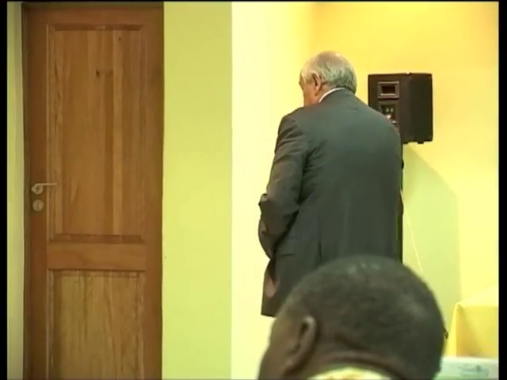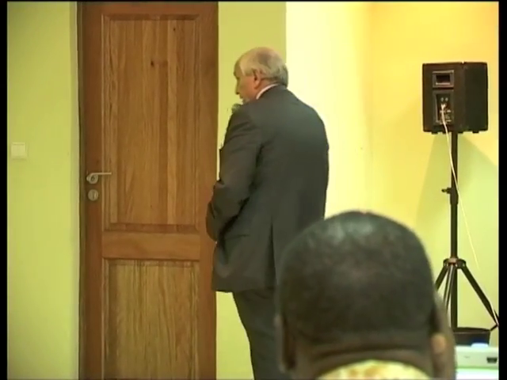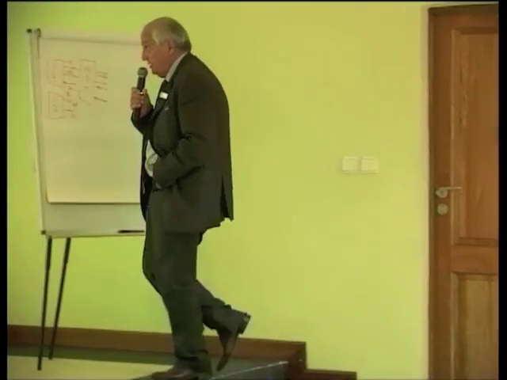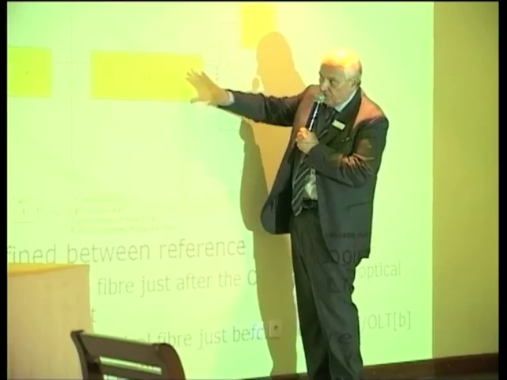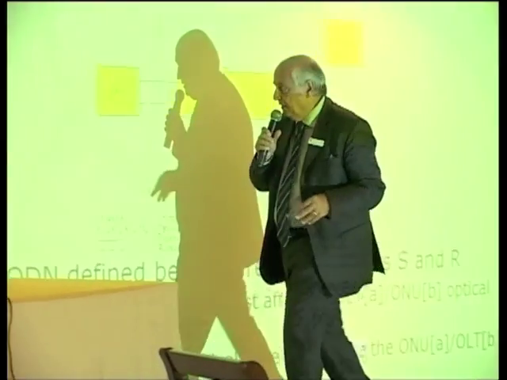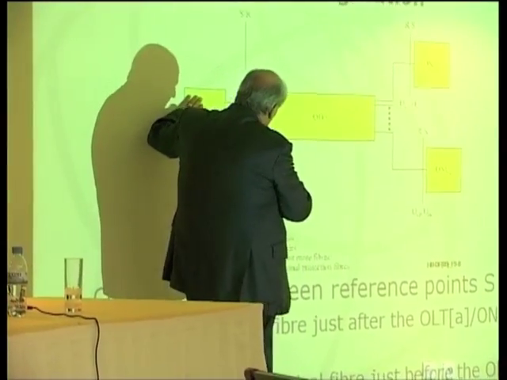This is the reference scheme from the relevant ITU recommendation for the interfaces. This is the optical distribution network, which means fiber plus splitter. This is the optical line terminal.